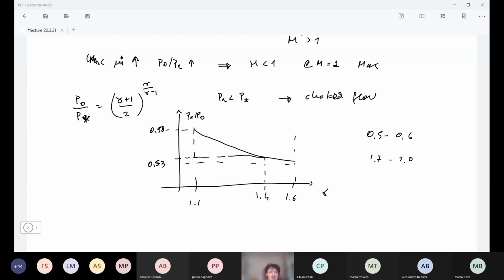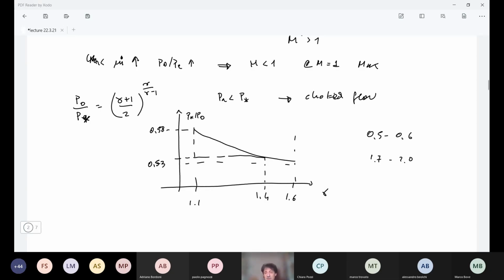That tells us what? That if we have this converging channel and we have a pressure inside the container, the enclosure, which is more than twice the ambient pressure, we will have choked flow. And this is said independently of the fact that we have a converging channel or just a hole in the tank.